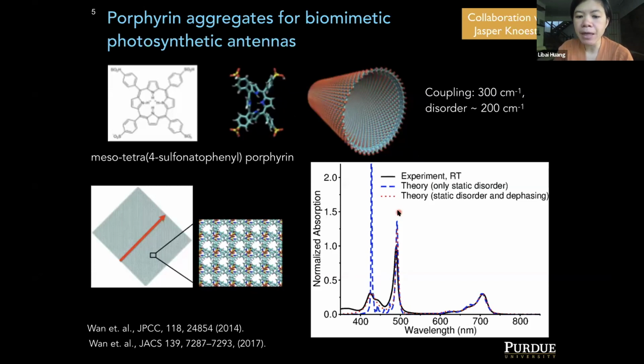With Jasper, we modeled the absorption spectrum of this aggregate. It turned out they roll up into a tube, so it's almost like an antenna for green sulfur bacteria. For these porphyrin aggregates, you have two excitonic transitions: one is the lower energy exciton, the Q band exciton, and the other is the B band exciton.